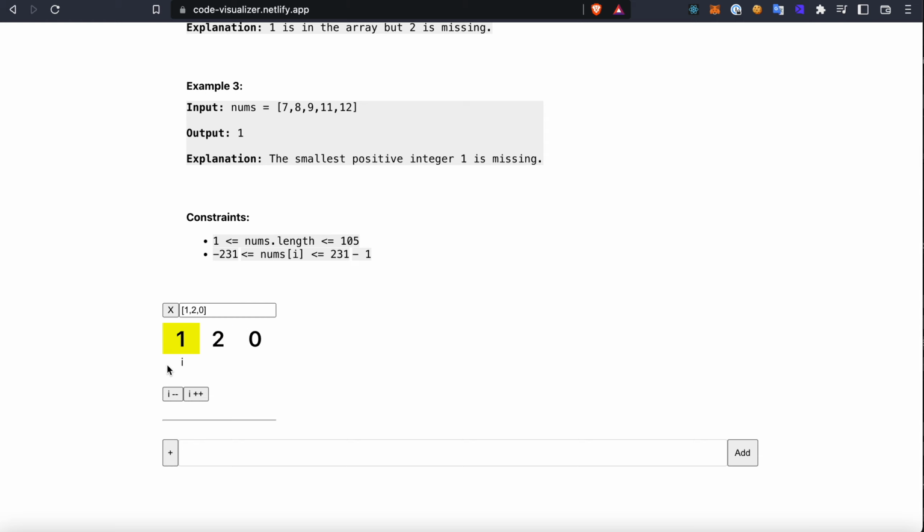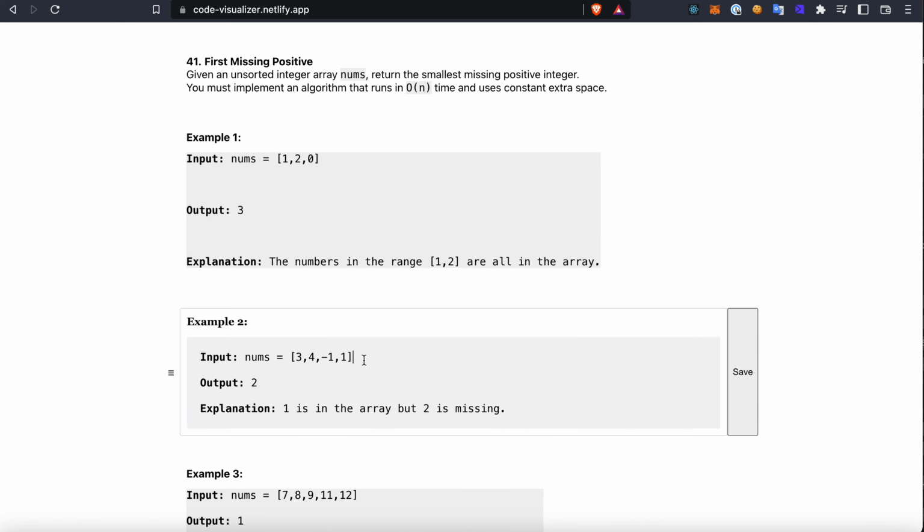In this case, 0 plus 1 is 1. And numbers that are less than 1 we can just ignore. So at this point, this has been cyclic sorted, and then you can just iterate over each number. So you say 1 is at its correct location, 2 is there, and then here it should be a 3, and it's not, so we just say that the missing positive number is 3.